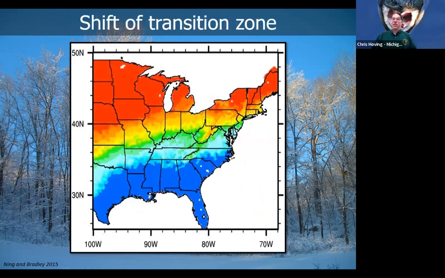With this change in snowfall, you get impacts, especially to species that are adapted to snowfall, be that snowshoe hare, ruffed grouse, or sugar maples, spruce trees, you name it. And so the transition zone between where you have more typically southern species and more northern species is shifting.